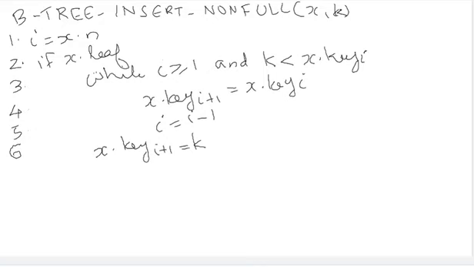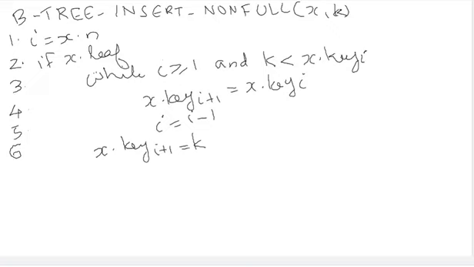Now we have found the position, and the ith key value has been shifted one position to the right. So i was decremented by 1, and we need to increment it to find the exact position. So x.key[i+1] is equal to k.